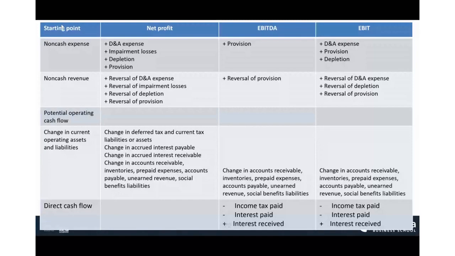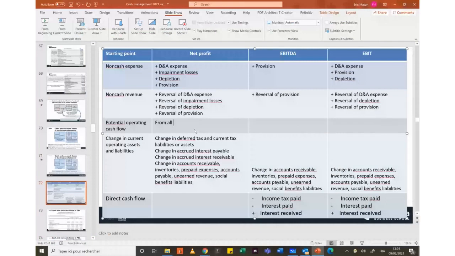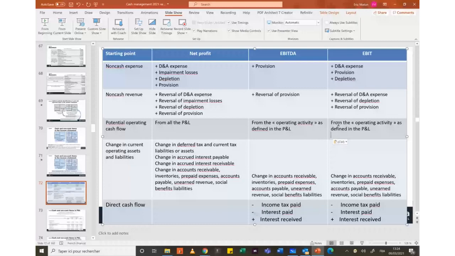So the potential operating cash flow here is from all the P&L. Here is from the operating activity as defined in the P&L. And here is the same with the operating activity as defined in the P&L.